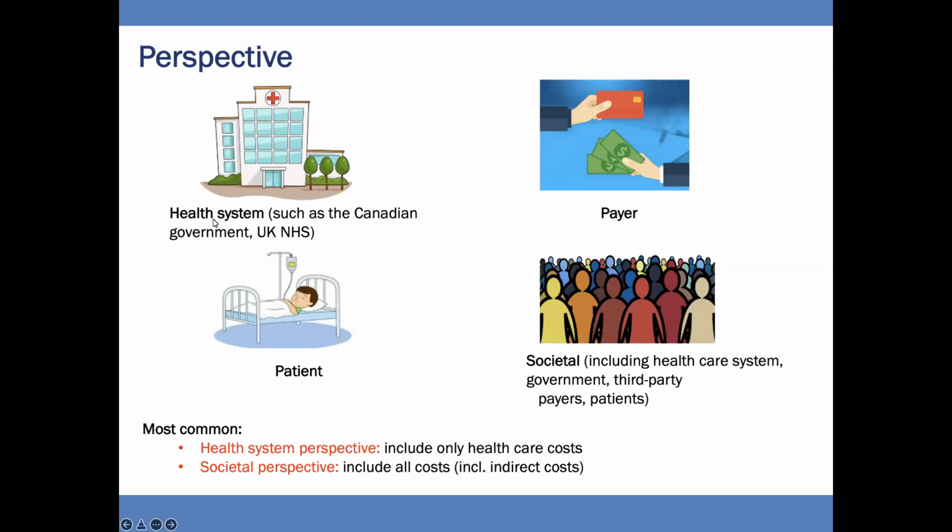However, if you adopt the perspective of society, then you need to include all types of costs, not just medical costs, but also non-medical costs and also the time cost. All right. So it depends on the perspective that you take.